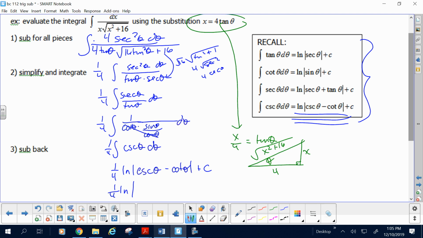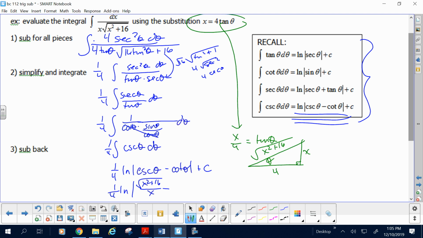What's cosecant of theta? Sine is opposite over hypotenuse, so cosecant is hypotenuse over opposite. Yes, I agree. Square root of x squared plus 16 over x, yeah?